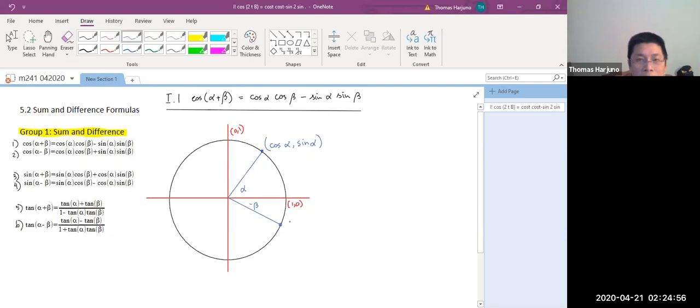Because the angle is negative beta, the coordinate here must be (cosine of negative beta, sine of negative beta), which is equal to cosine positive beta, since cosine negative is cosine positive, and negative sine beta, since sine negative is negative sine positive.